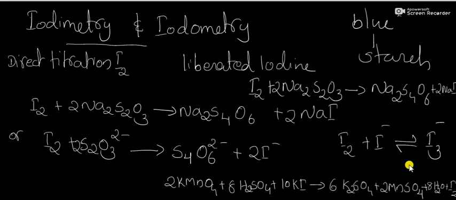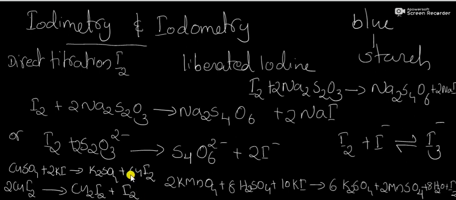Then CuI2 gives Cu2I2 plus I2. That liberated iodine can be titrated against sodium thiosulfate. Here the cupric ion is converted into cuprous ion and iodine is liberated. This liberated iodine can react with the sodium thiosulfate and starch is used as the indicator.